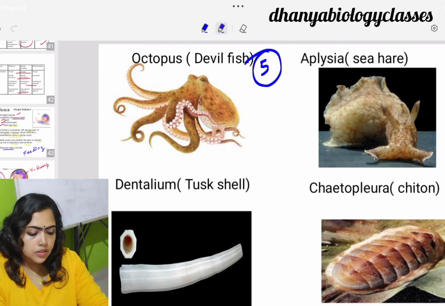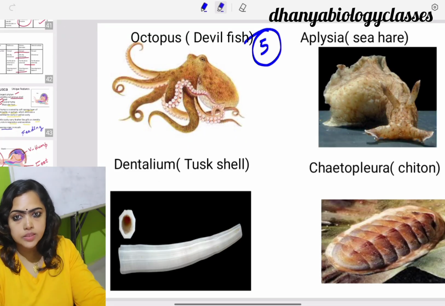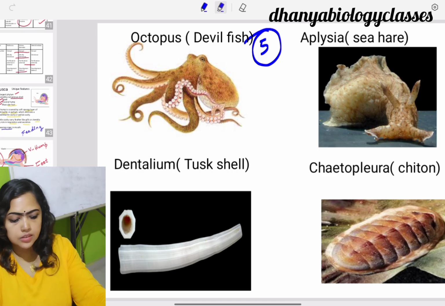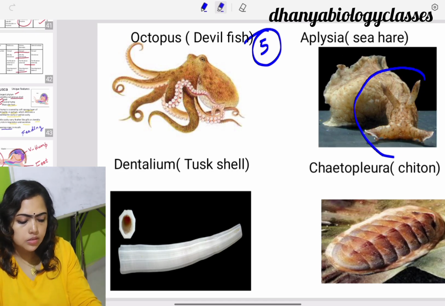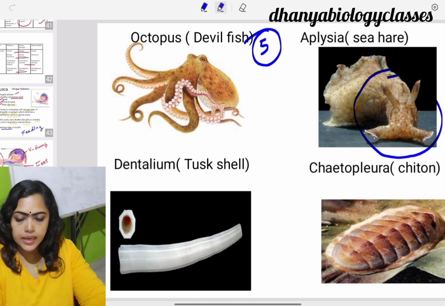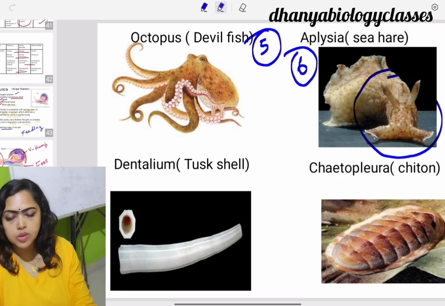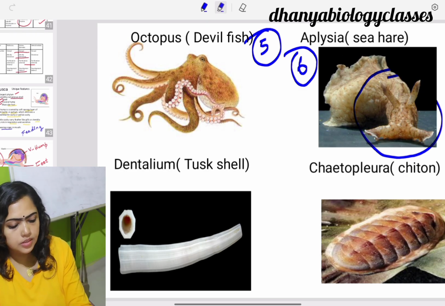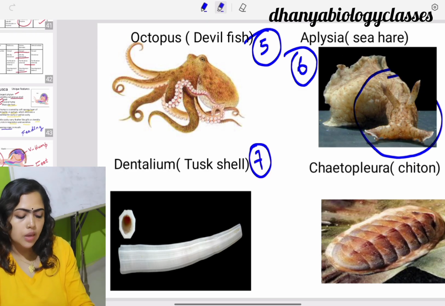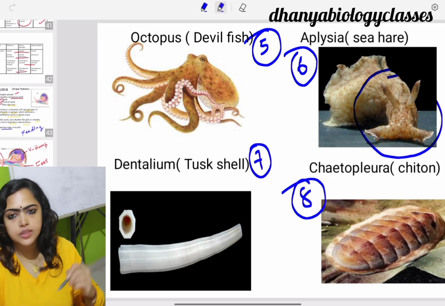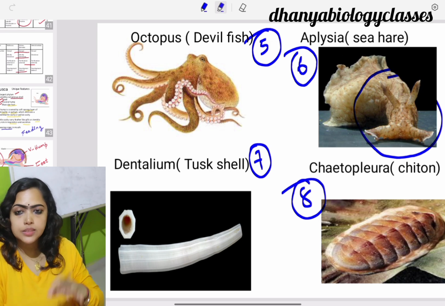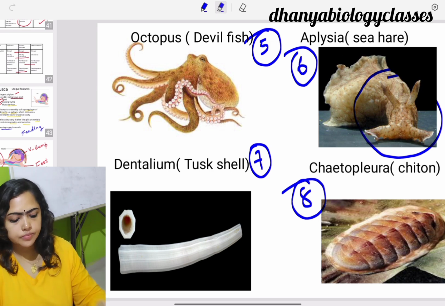And then this is the sea hare, called sea hare because of its appearance; hare means a rabbit. So Aplysia or sea hare. And then Dentalium or tusk shell, also named on the basis of appearance, because this is like the tusk of an elephant. And the last example is Chaetopleura or chiton. So this is about the examples of phylum Mollusca.